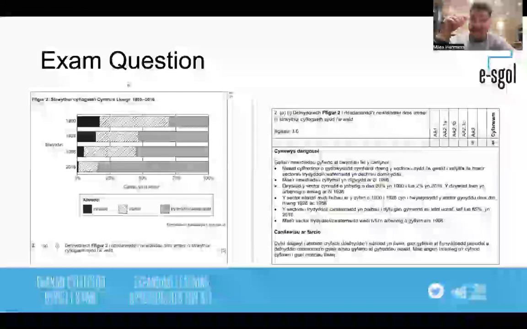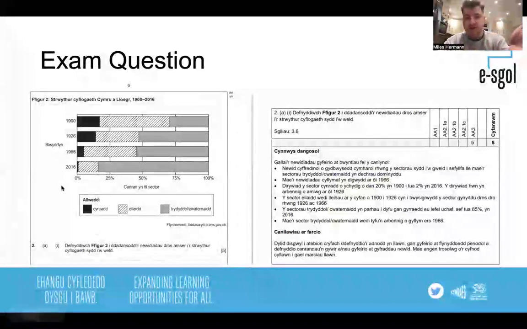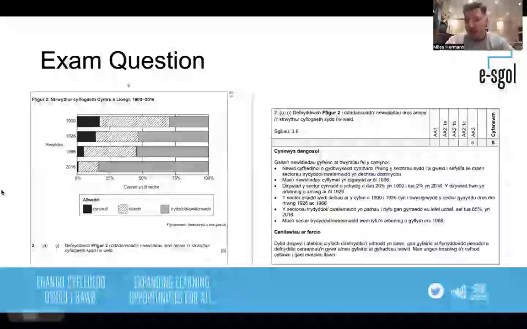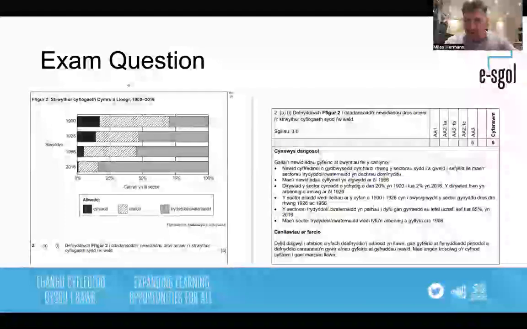AO2 then is that you've interpreted something. So, for example, if this was going to ask us to suggest reasons for the changing structure of employment over time, that's when we'd have to interpret and suggest reasons why there would be changes over time.